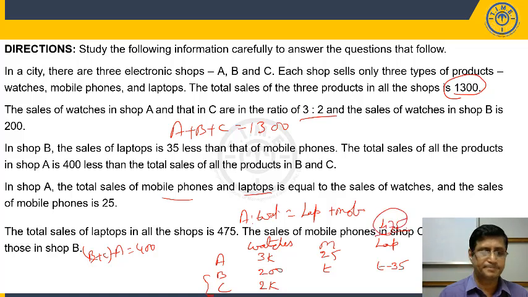And the sales of mobile phones in shop C is 25 more than that of B, so T plus 25.